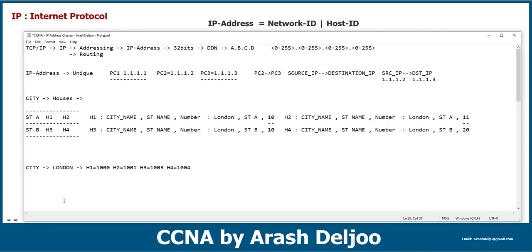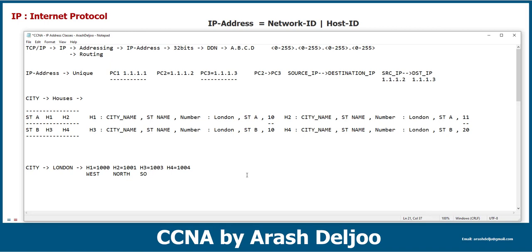Host 1 is residing in the west of London, host 2 is residing in the north of London, and host 3 is residing in the south of London.